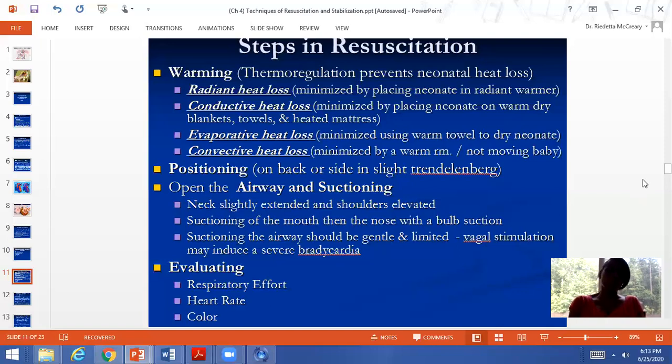When you are doing so, you want to make sure that you are gentle and limited, especially if you are using a suction catheter, because, as you know, suctioning can cause vagal stimulation. Vagal stimulation causes the heart to slow down, and it could also stop. So it may induce a severe bradycardia.